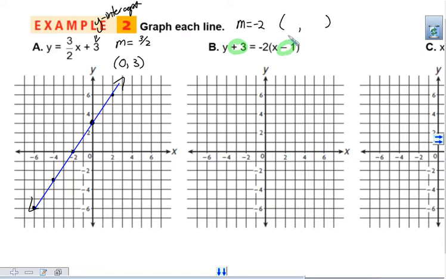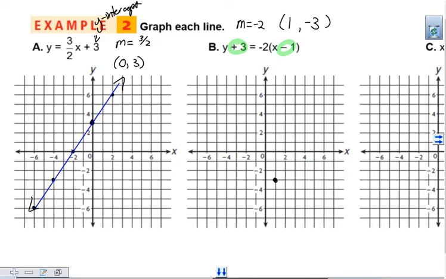So this x value becomes a +1, and this y value becomes a -3. Then we can plot that point, +1 to the right, and -3, so down 3. And that's that point. And then we can take our slope.